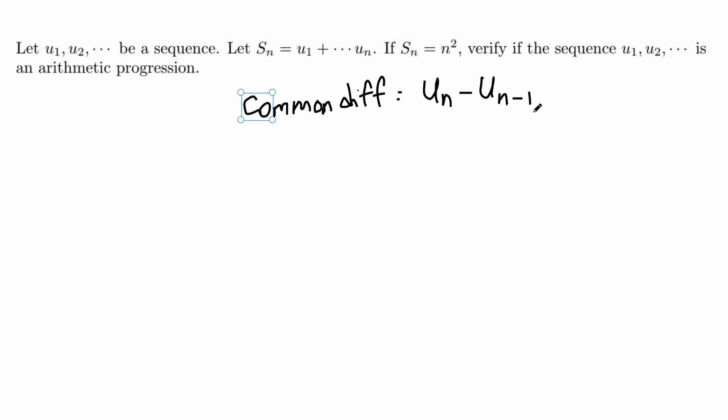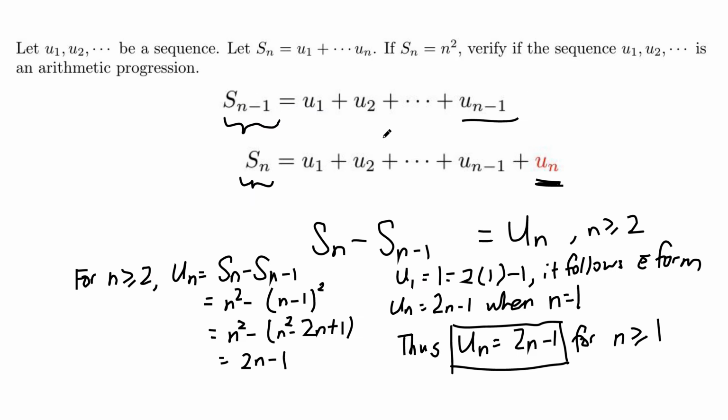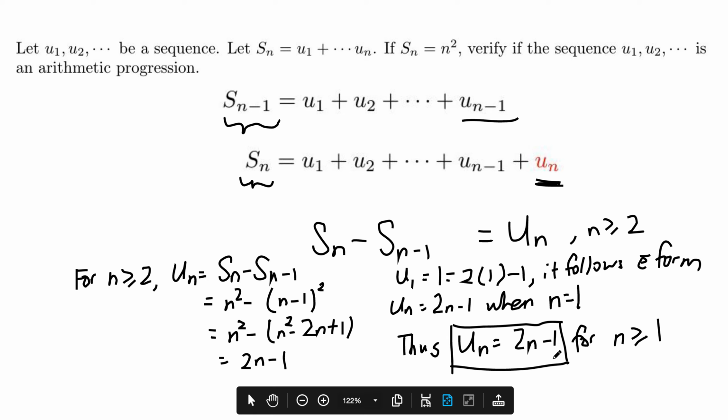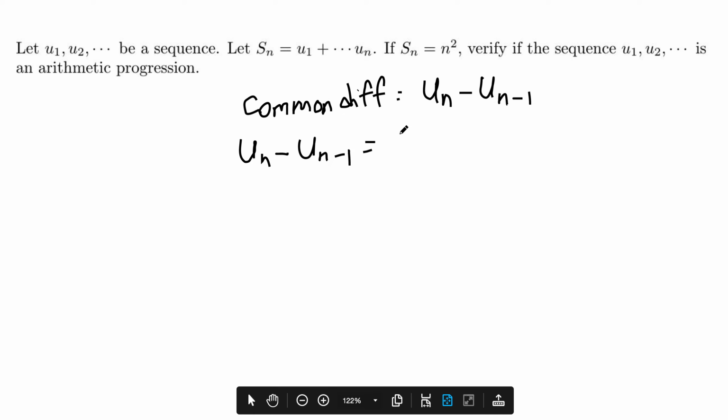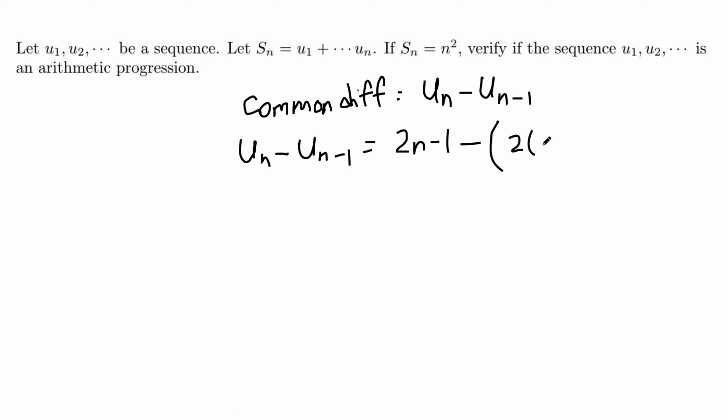Let's try and figure out what un minus u(n-1) is. Okay, so this is the presentation. You write un minus u(n-1) equals, recalling un is equal to 2n minus 1, right? So we write 2n minus 1 minus bracket 2(n minus 1) minus 1. And if we calculate this, this is actually equal to 2, which is a constant.